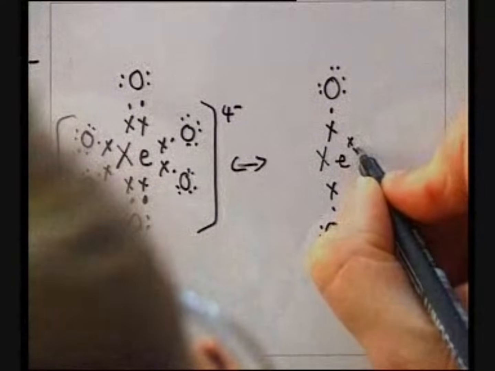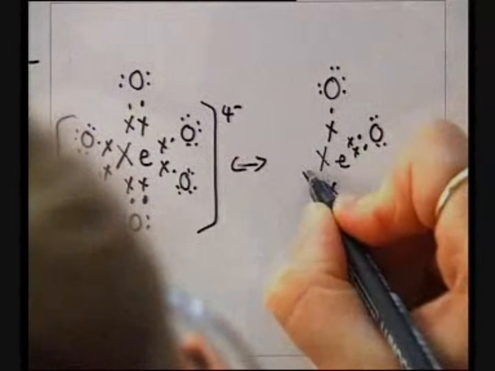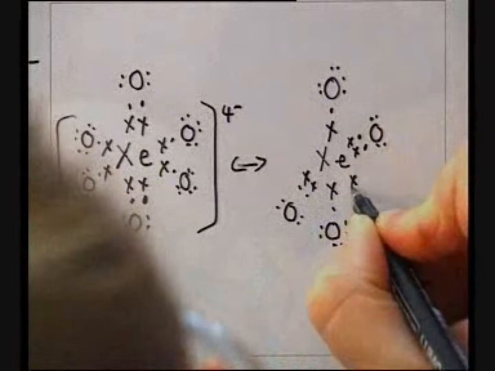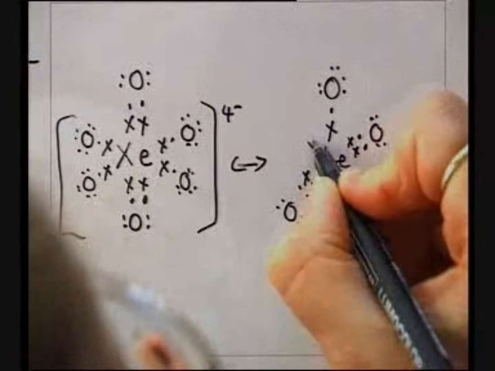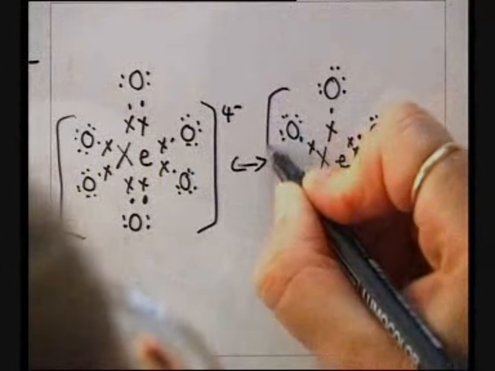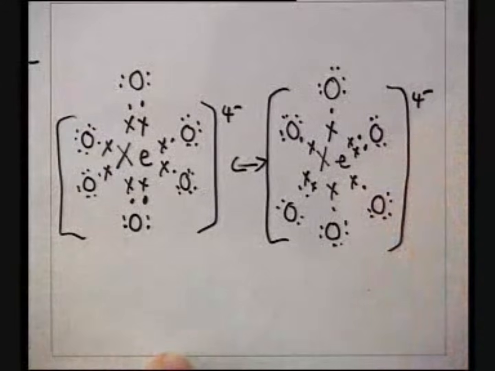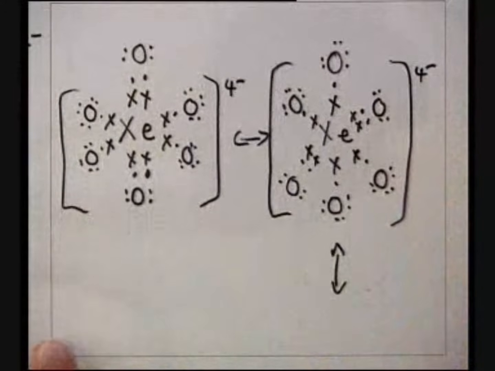Per choice now we make a double bond in this position here, double bond to this oxygen here, and then single bonds to the other 4 oxygen atoms. And we can continue writing resonance structures for this molecule.